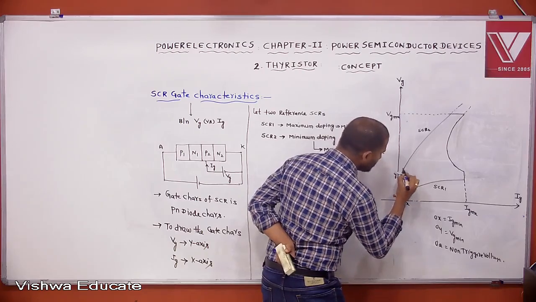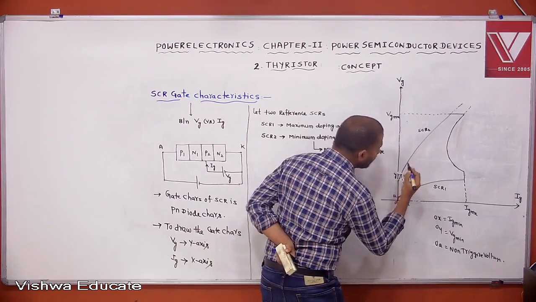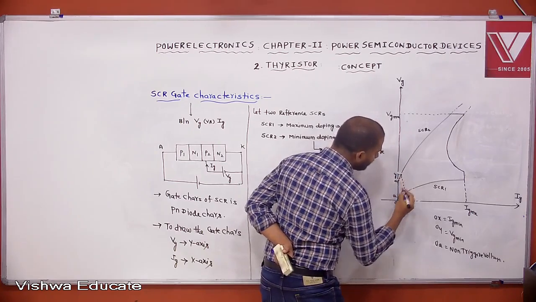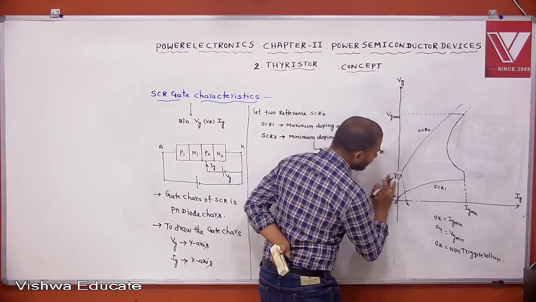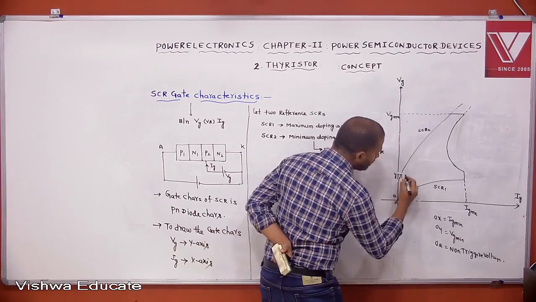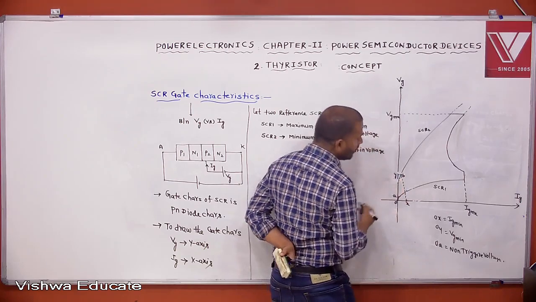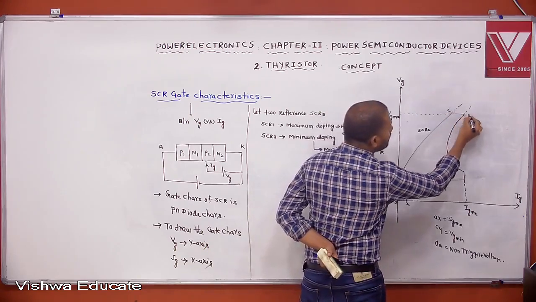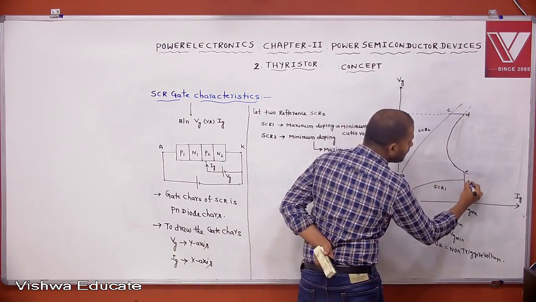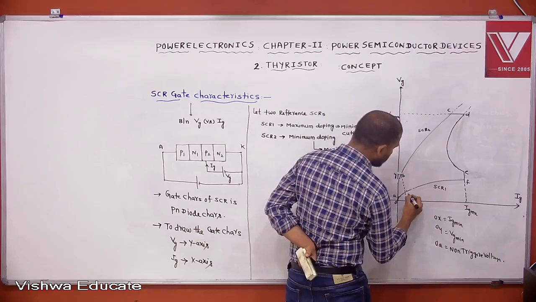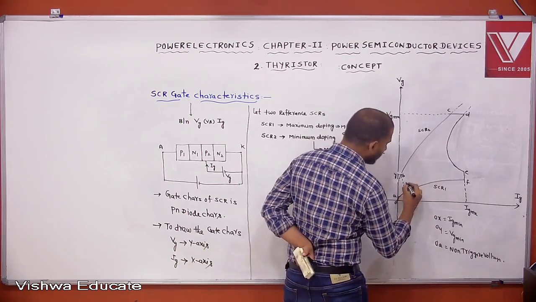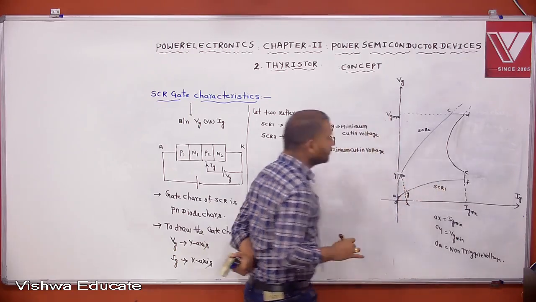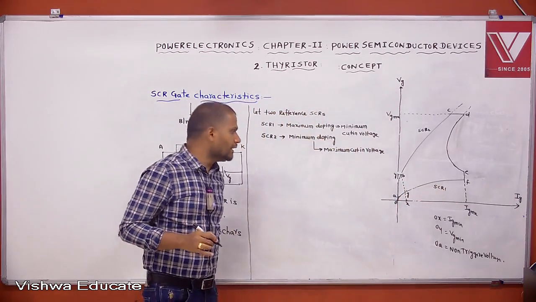Let this point be O, this Y. This point is A, this is B, this is C, D, E, F, and G. Then there is some point H that I will give.